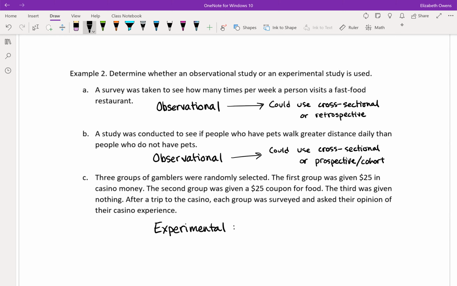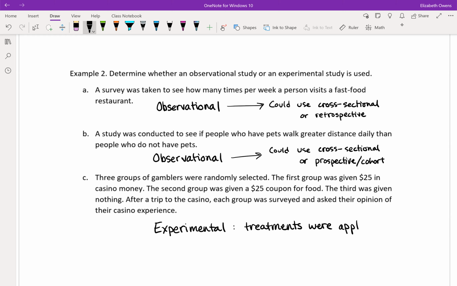All right, because treatments were applied. And we're seeking, it looks like, to develop some sort of cause and effect relationship: if people receive some casino money, or some coupon for food, does that affect their opinion of their casino experience?